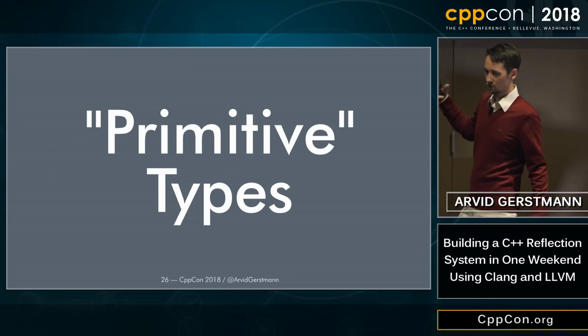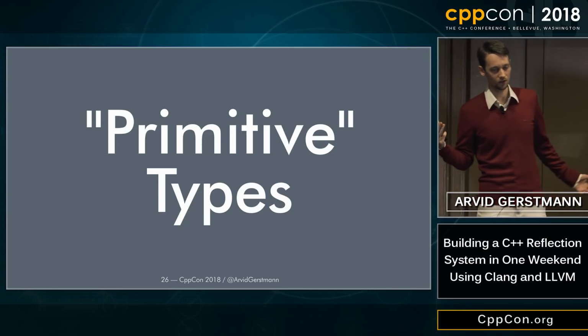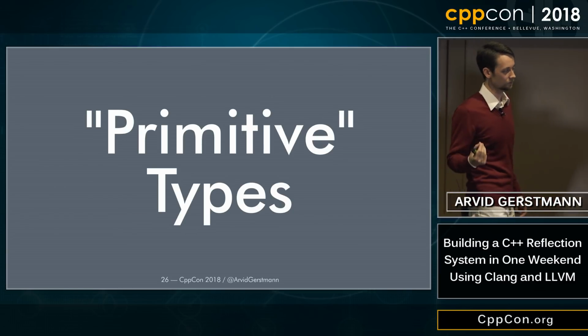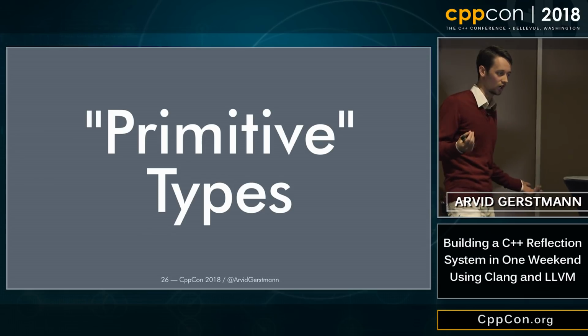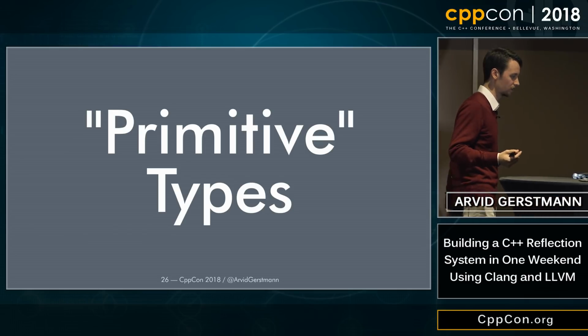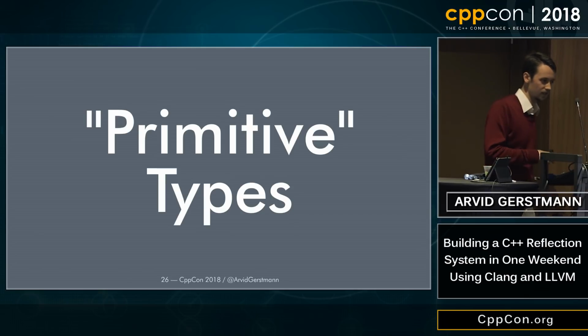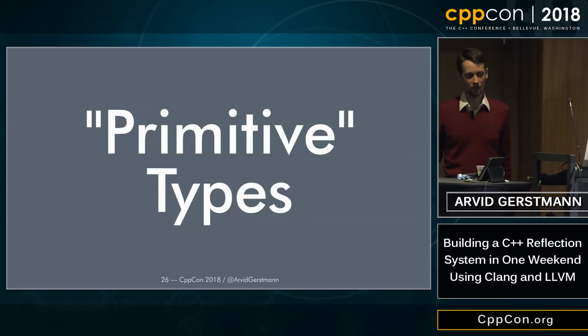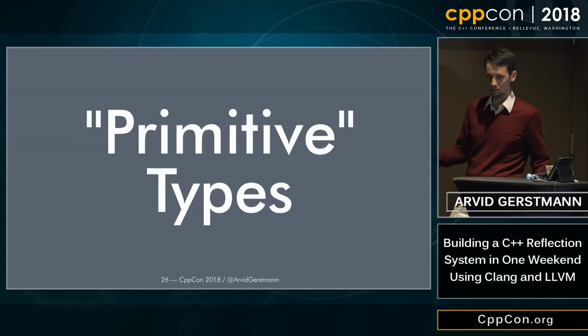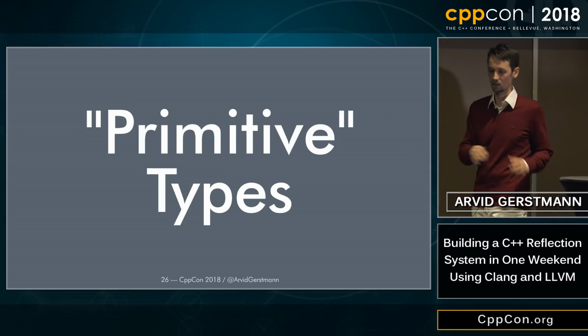If you would print out all the members of a std_string or a std_vector, you wouldn't get what you expect, because you print out a pointer to char and some size and some capacity if you print the string to JSON. That's not very useful. So we need to have a way to say, all right, this is std_string, a zero-terminated string, and we need to print out everything until it's 0.